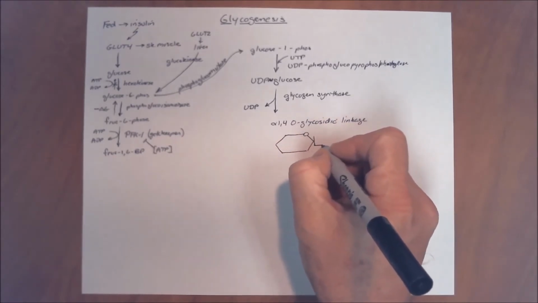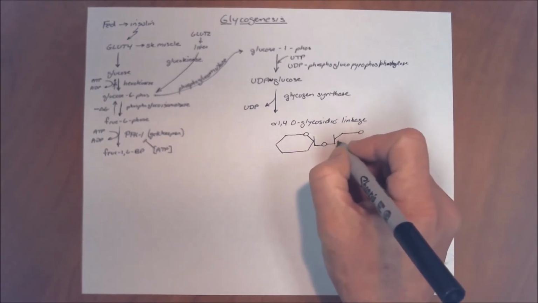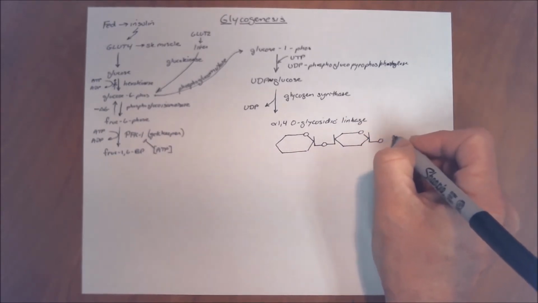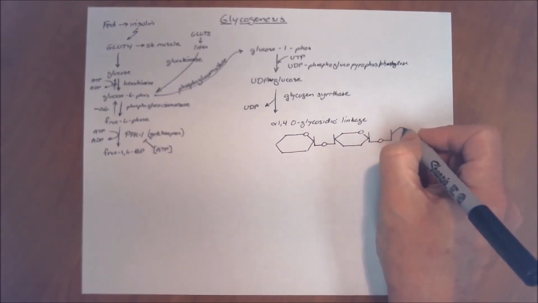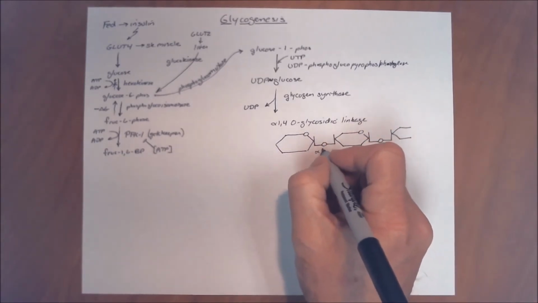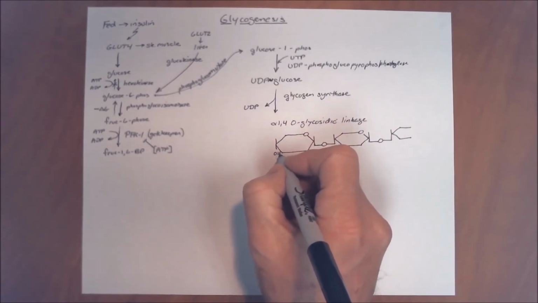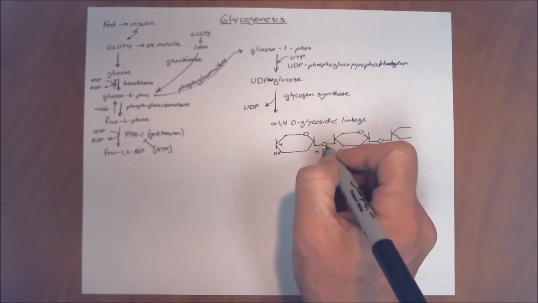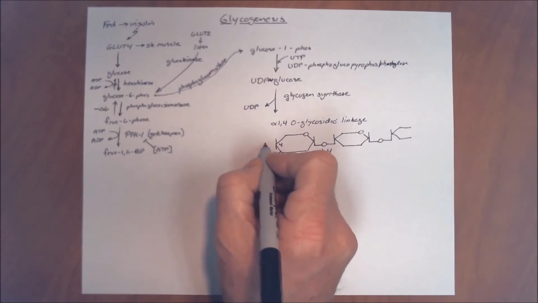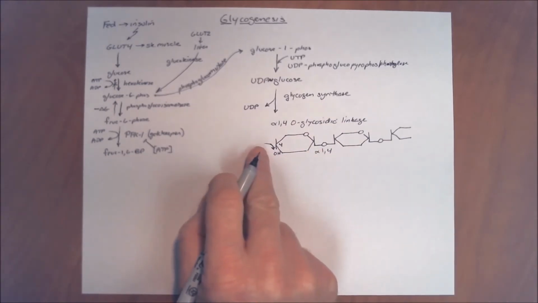So if this is our growing chain of glucose molecules, notice these are all in an alpha 1,4 linkage. What we have here is a hydroxyl on the number 4 carbon, and so the UDP glucose will be adding here to form the alpha 1,4 linkage.